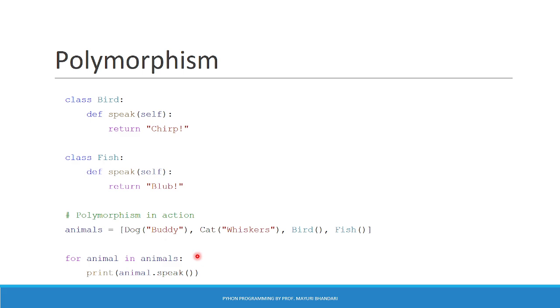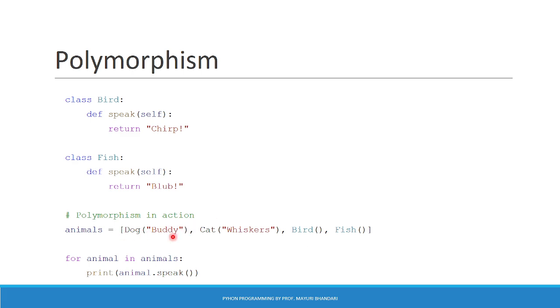The same speak method we are overriding. And then this is just a for loop to print the output of these function calls.